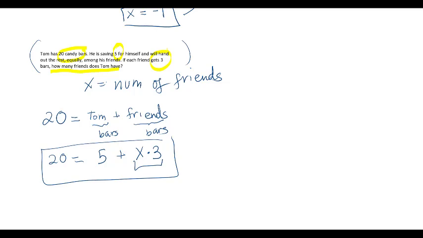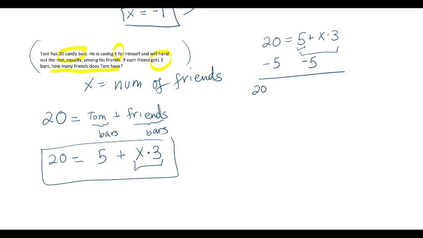Let's go ahead and solve it. So 20 equals 5 plus x times 3. Our first step will probably be to get rid of 5, right? When I say get rid of, I mean to get it away from this right-hand side of the equation. To do that, we have plus 5, so our inverse operation is to take away 5, right? To subtract.